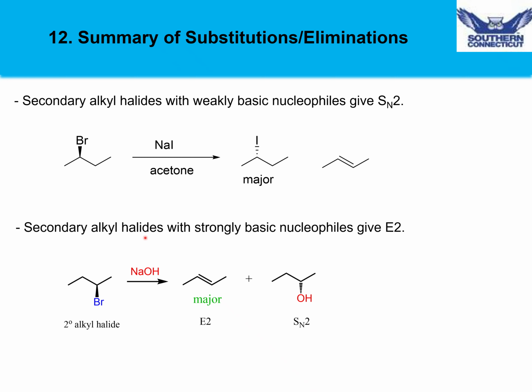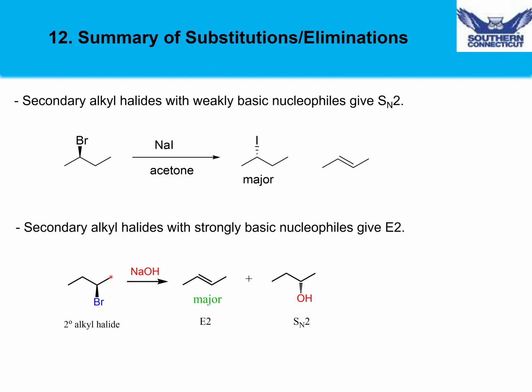With a secondary alkyl halide, if we're using a strong base, then we're going to get primarily E2. That happens with the hydroxide ion or the conjugate bases of alcohols. Those would typically give you E2. So it will be eliminating the halogen, and we're going to remove a hydrogen from the more substituted side.